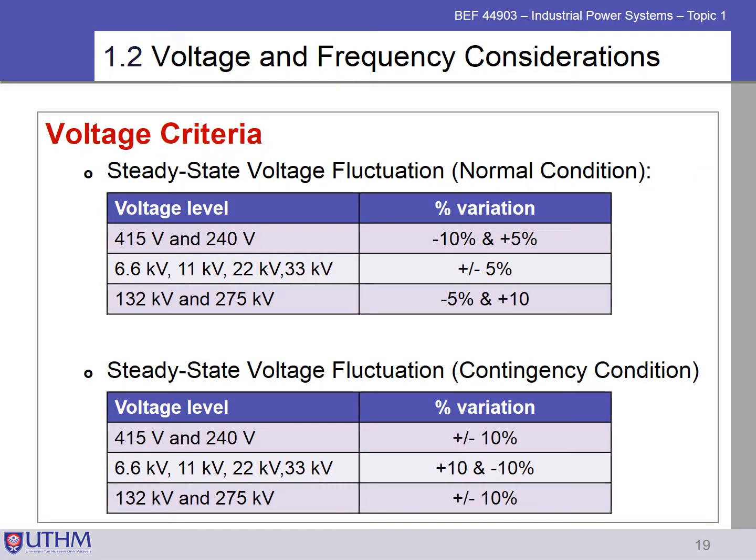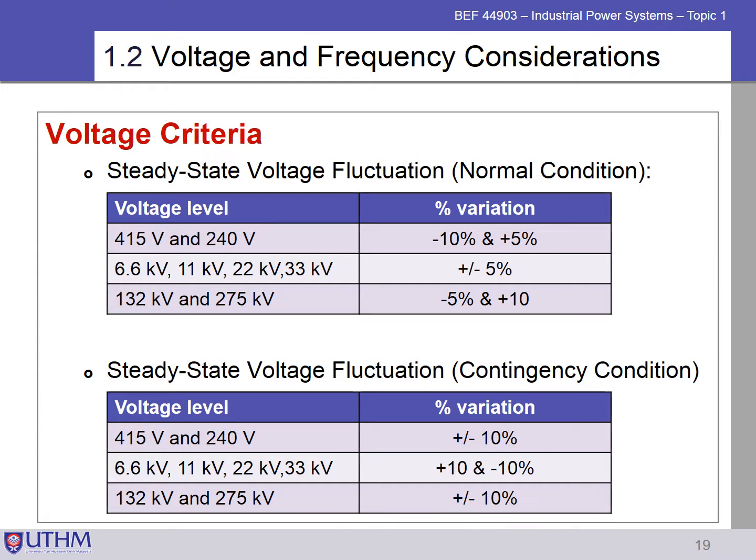Okay, next, voltage and frequency considerations. This is the table for voltage criteria, and we can see that there are two conditions. The first is steady state voltage fluctuation for normal condition. For normal condition, for 3 phase and single phase, the percentage of variation is 10 and 5%.